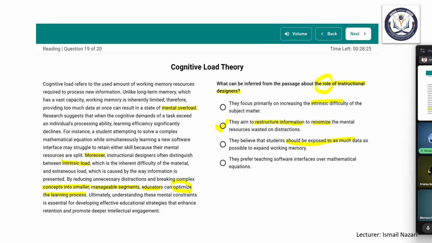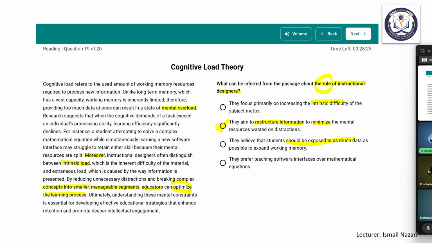So it was the opposite of that. Their role is not to cause mental overload. Their role was to optimize the learning process and help the students to retain information better. So here should be exposed, it's not.